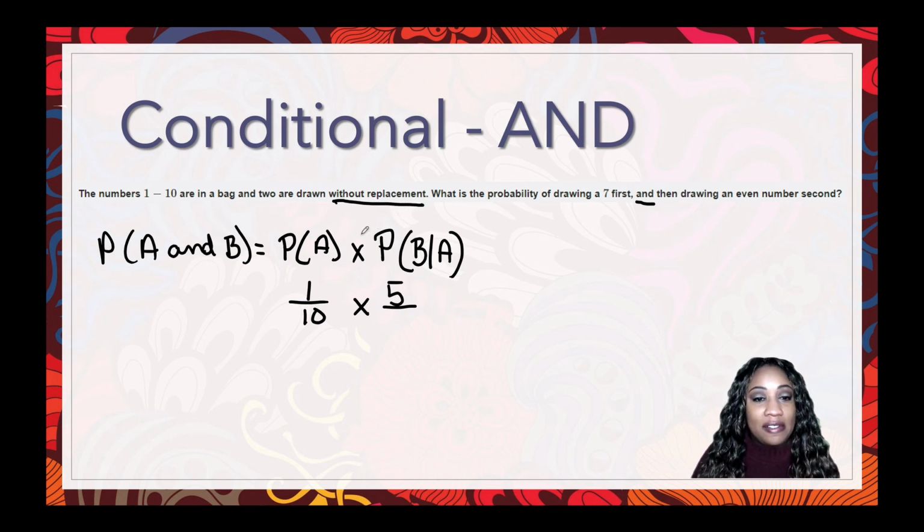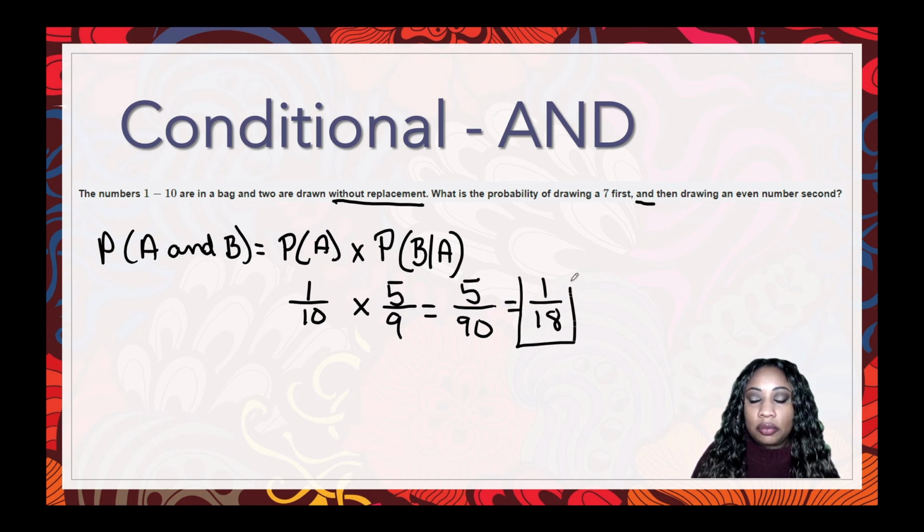So if we have 10 numbers in the bag and we draw 1, then there's only 9 marbles left, right? And so that is the main reason why it's conditional. So we're going to have 5 over 90, which simplifies to 1 over 18.